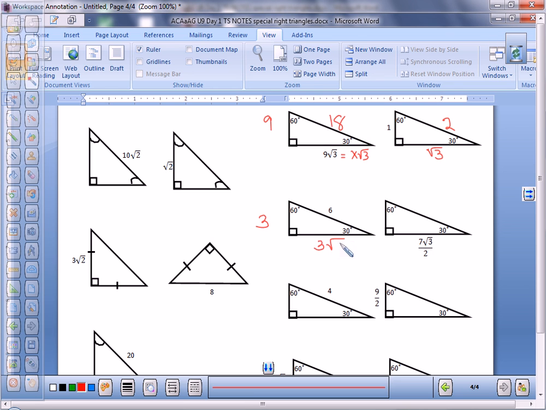Okay, which leg did I give you? Long leg. You always find the short leg first. So since this is equal to the short leg times the square root of 3, what would the short leg be? 7 over 2. 7 halves. And what do we do to the short leg to get the hypotenuse? Double it. 7.